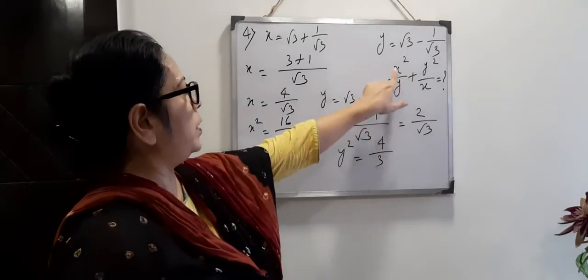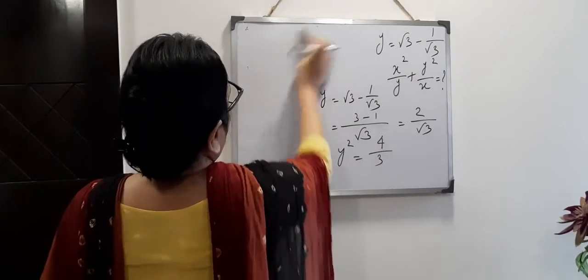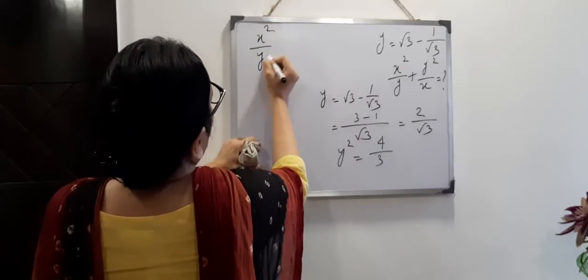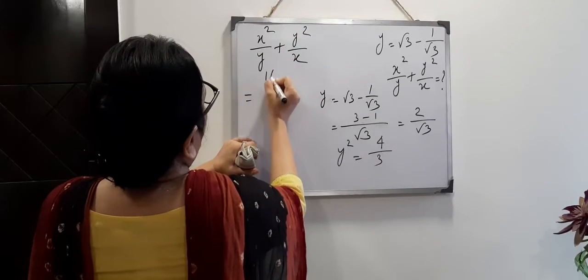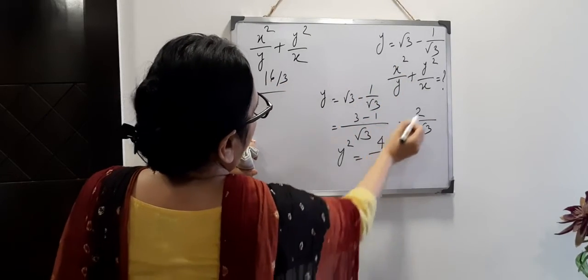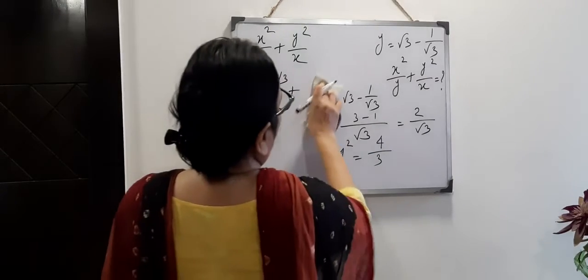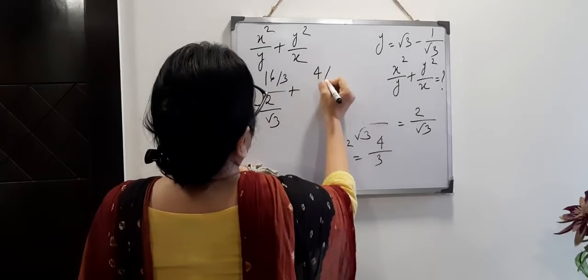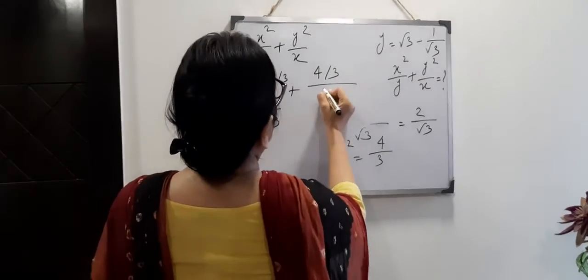Now I will put the values here. X square is 16 by 3 and y is 2 by root 3, plus y square 4 by 3 and x is 4 by root 3.